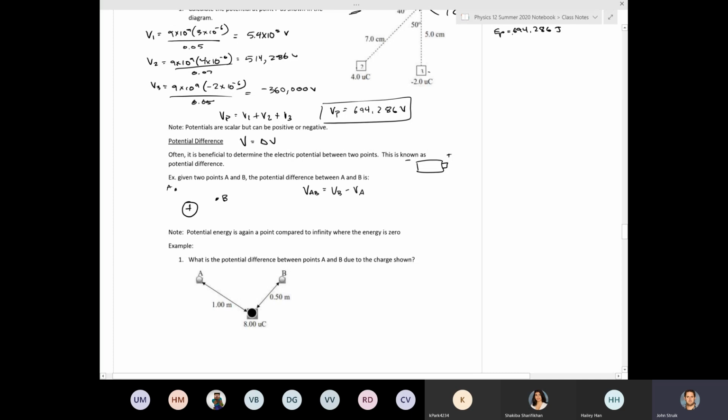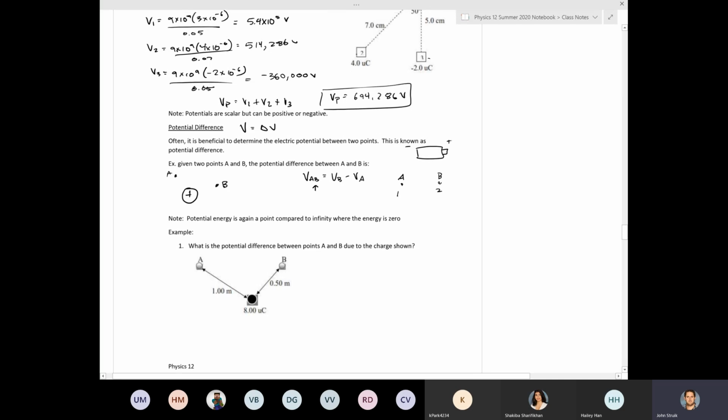Point A is 0.1 and point B is 0.2. If you were to do delta V, it's always 2 minus 1, right? It's final minus initial. So that's why the difference between A and B is B minus A.